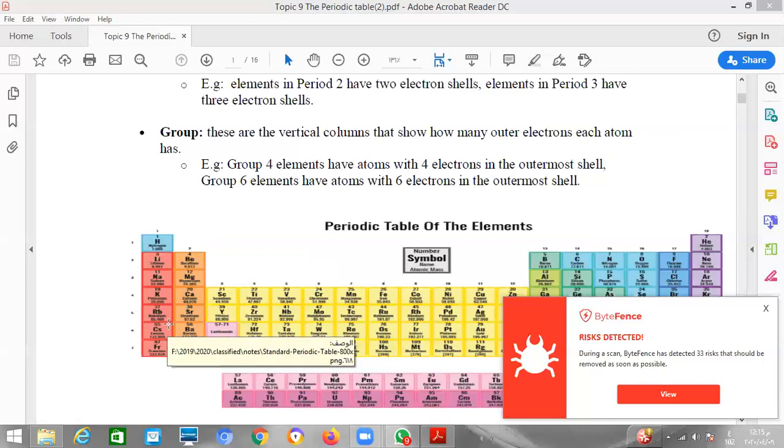But sometimes we ask you to detect the group number and period number from atomic structure, without the periodic table. For example, if I am asking about the position of sodium, in which group and in which period, how can you define or detect the position of sodium?